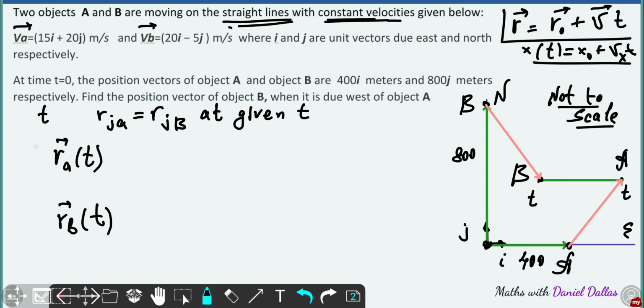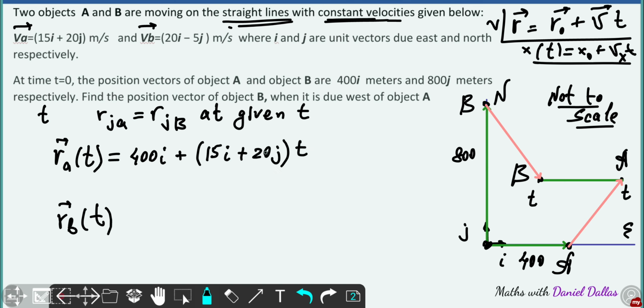But here we set up the position vector for object A and for B. The initial vector R0 is 400i, so we write it according to that formula, and on top of that we add the velocity for A, which is 15i plus 20j, times time.